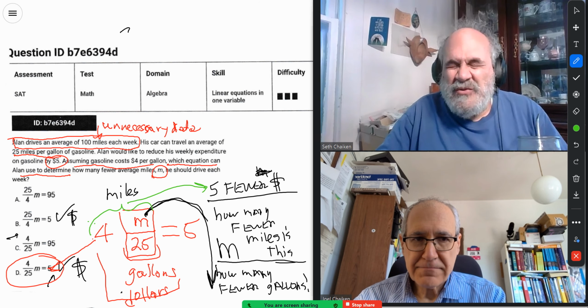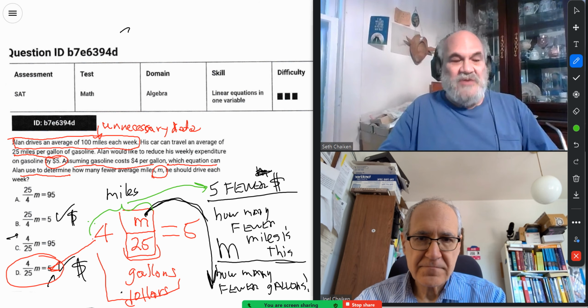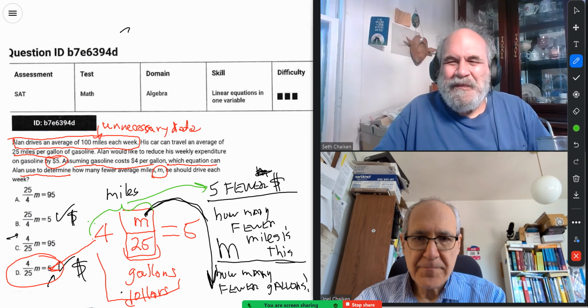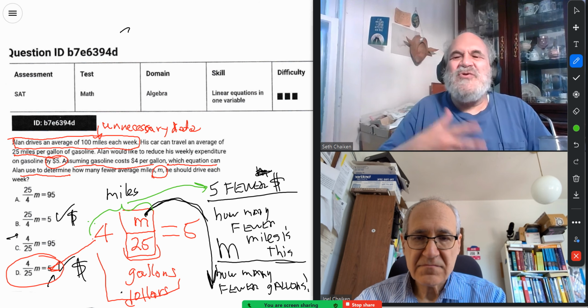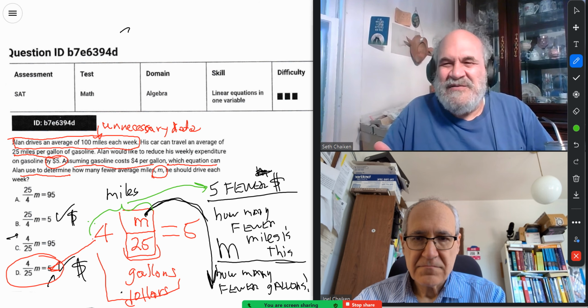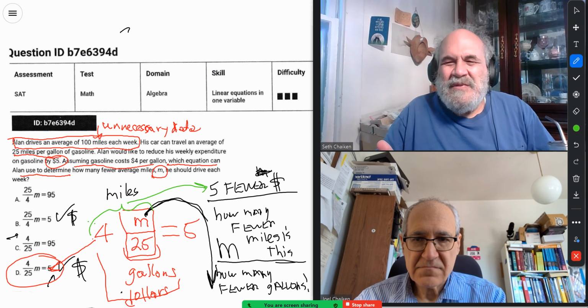So a different approach is to try to get M directly. Here's the approach. You start with, he wants to save $5. So if he's going to save $5, how many gallons does he have to use less?